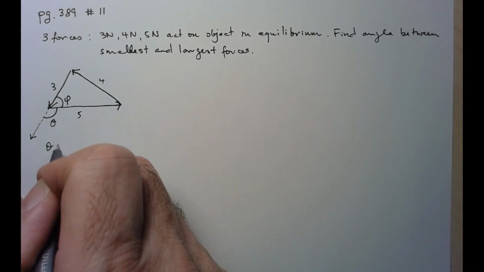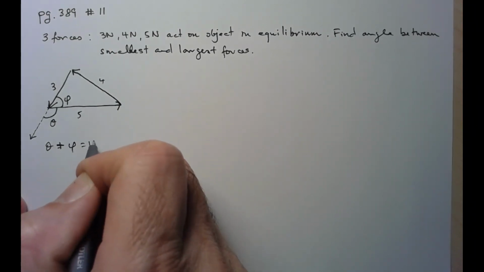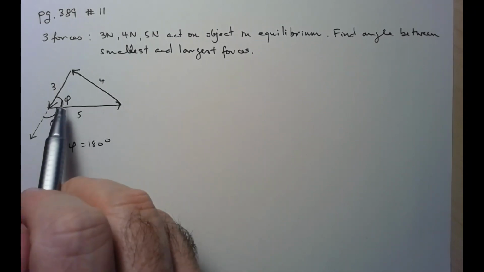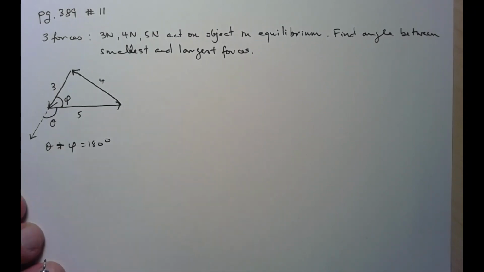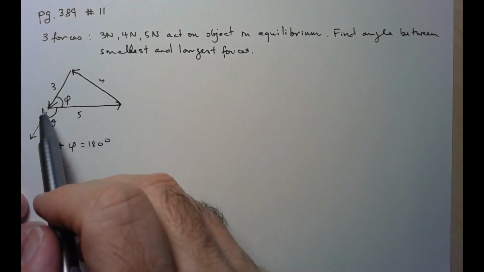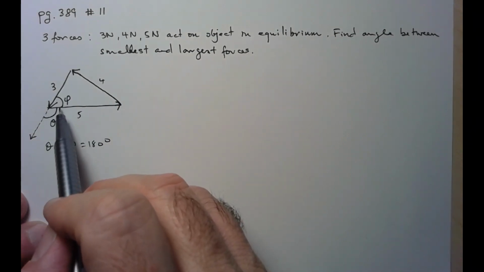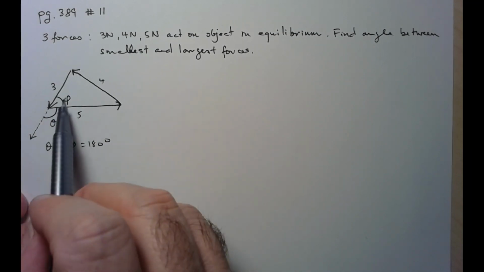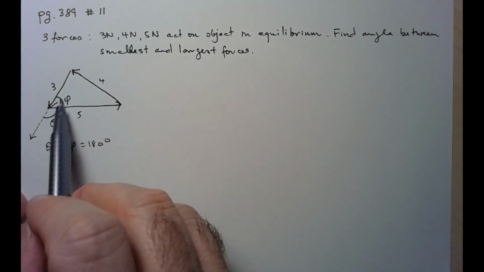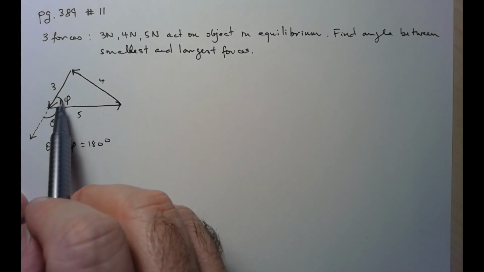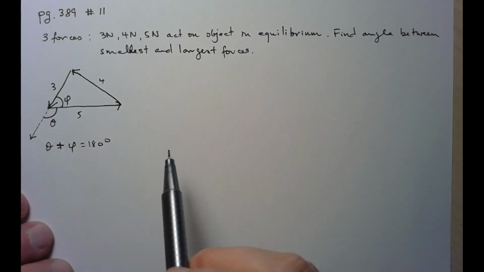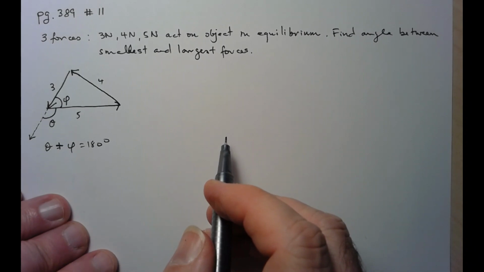So here we have theta plus phi is equal to 180. If I find this angle here, I'm able to find angle theta. So again, very important to recognize that even though I was able to draw this diagram, the angle inside the triangle is not going to be my actual final answer. I need to find the one where they're placed tail to tail. All right, so let's do that here.